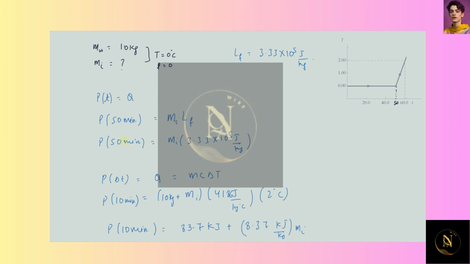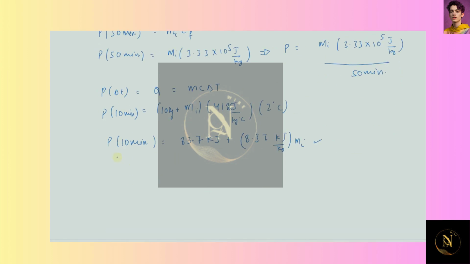So from here we can do one thing. Let me do it this way: from here P is equal to mi times 3.33 into 10 to the power 5 joule per kg divided by 50 minutes. So we can plug the value of P into this equation.